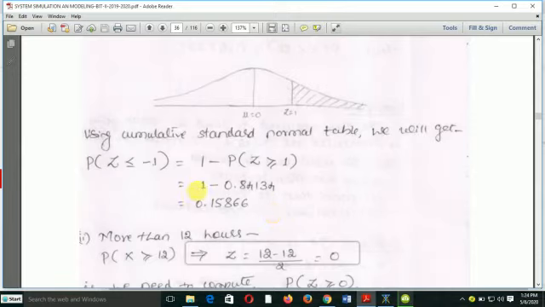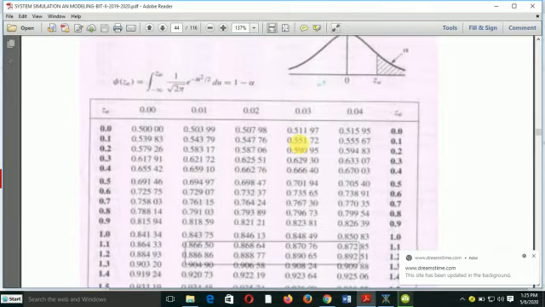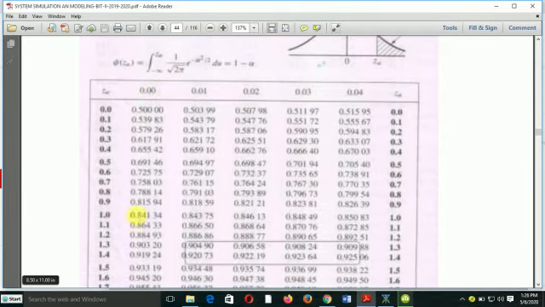So if I have 1 minus P(Z greater than or equal to 1), we are going to look in the standard normal table and check. So I go to the cumulative normal distribution. I go where x is greater than or equal to 1. It is in this part here. So we are having 1 here, greater than or equal to 1, so 1 is included. I start from the first column here, where we have a mean equal to 0. I check here, I see that it is 0.8413.